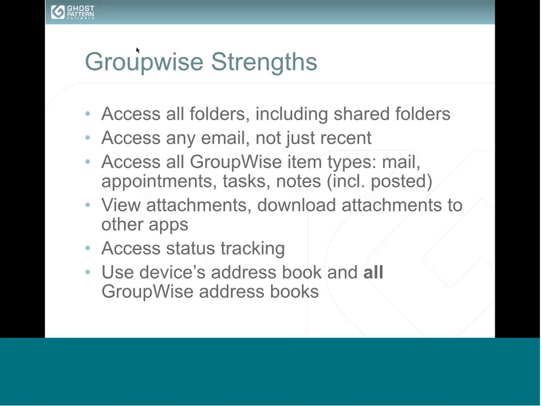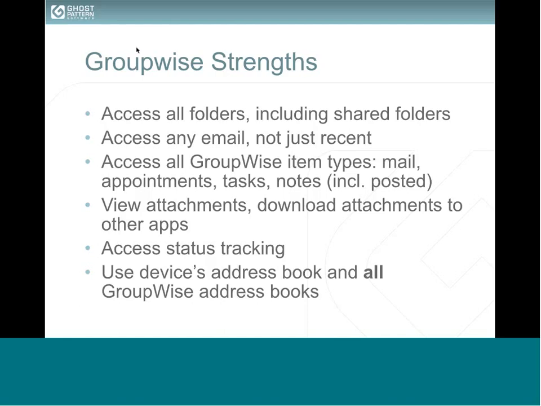You can access all of your GroupWise item types. GroupWise is about more than just email. It's about appointments and tasks and notes, and the app allows you to see all those items, interact with them as if they were tasks, notes, appointments, and create those, reply to them, all those kinds of things.